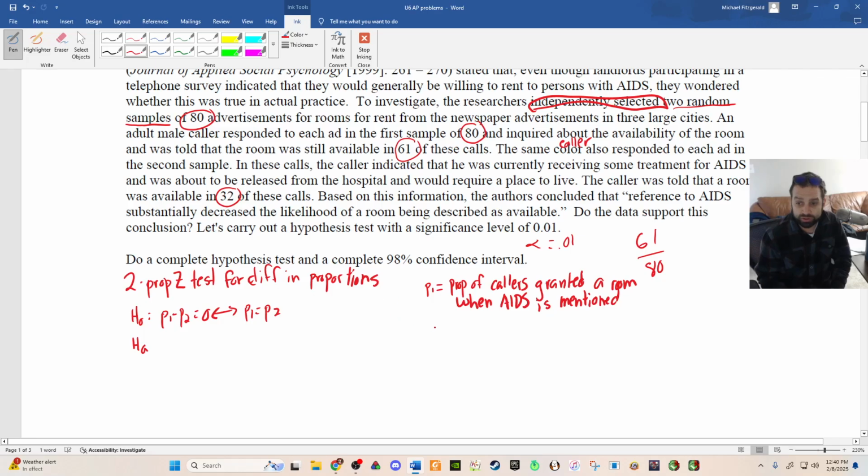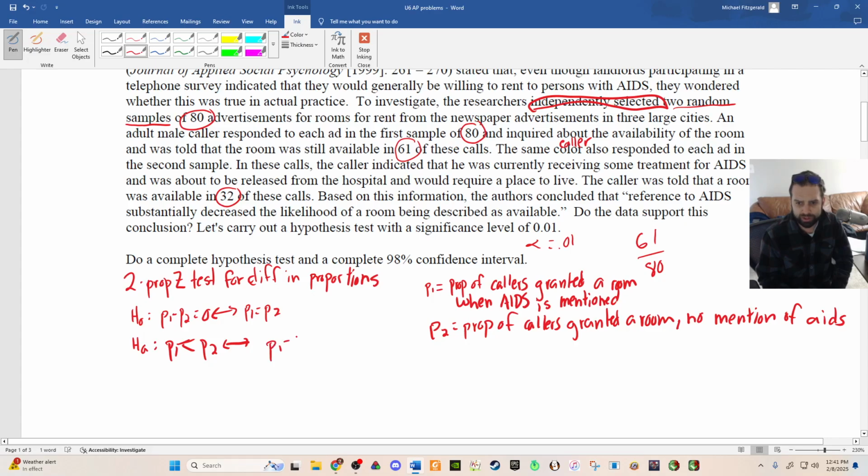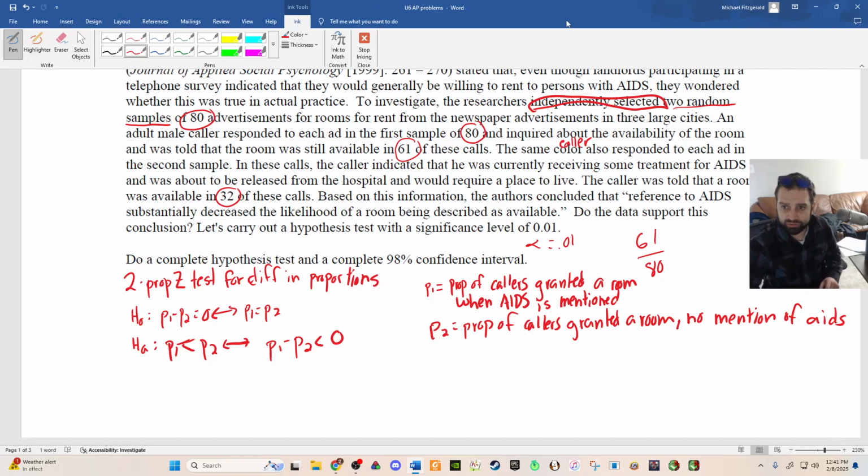And p2 is equal to the proportion of callers granted a room with no mention. So in this case, our alternative will be that p1 is less than p2. Oh, sorry, I have this in the wrong order. Or p1 minus p2 is less than 0. Okay, that gets us started.